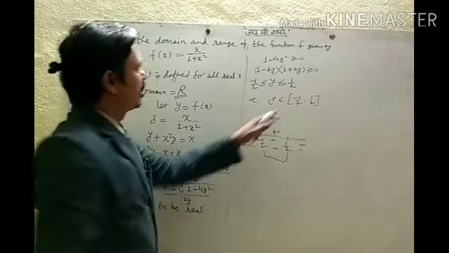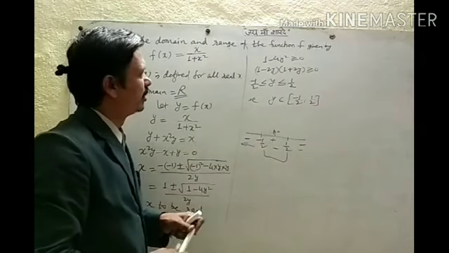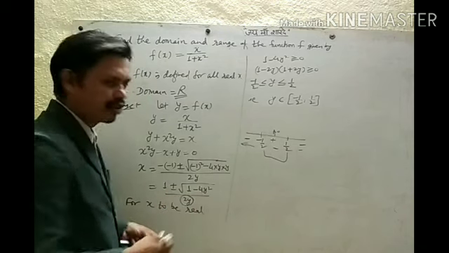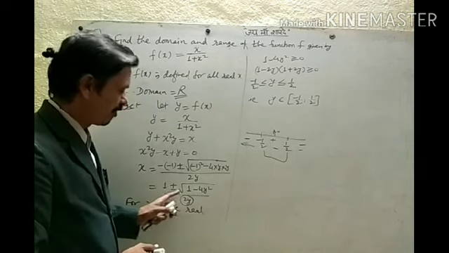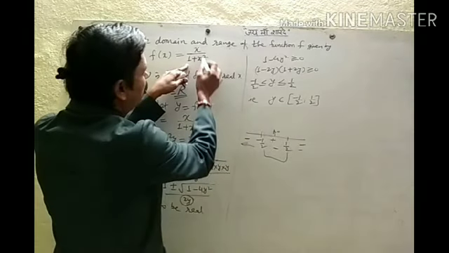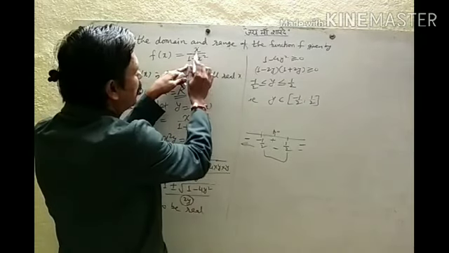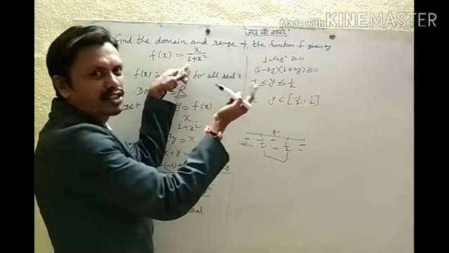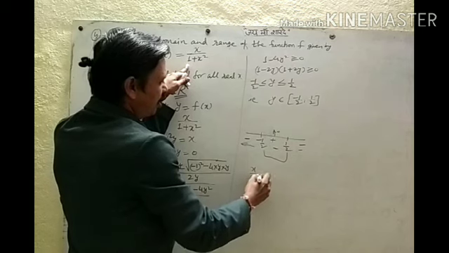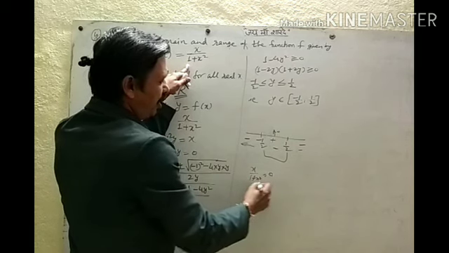So this is our range, right? But again, y can be 0? If y is 0, then it is not defined. But in this case, if x becomes 0, what happens? x is 0, so 0 by 1, that is 0. y can be 0. x upon 1 plus x square is 0 when x equal to 0.